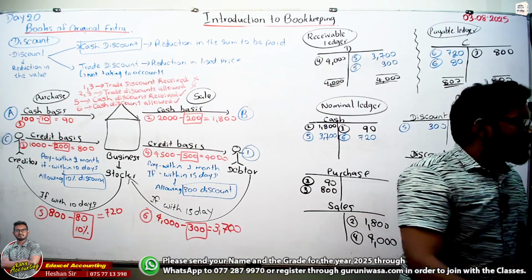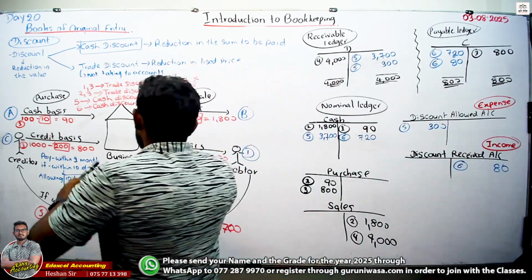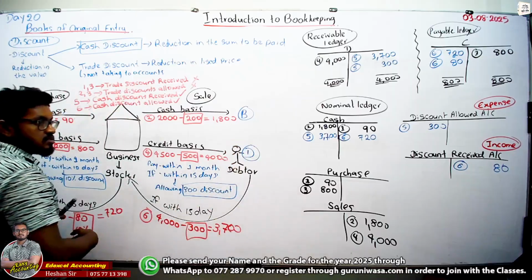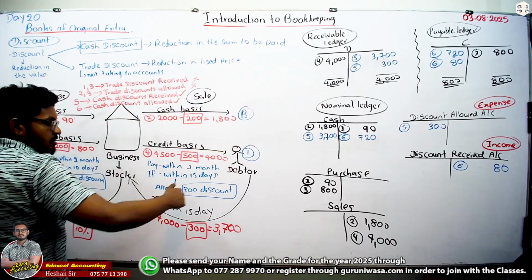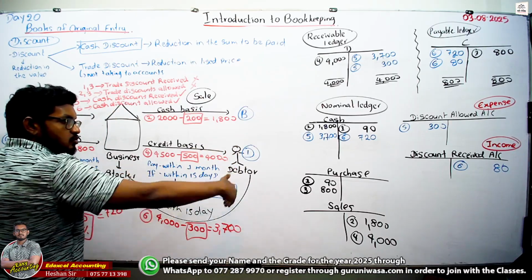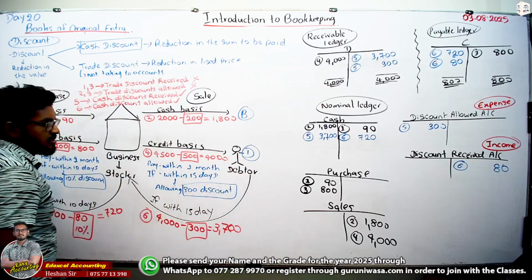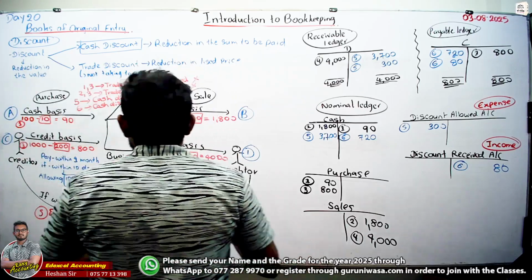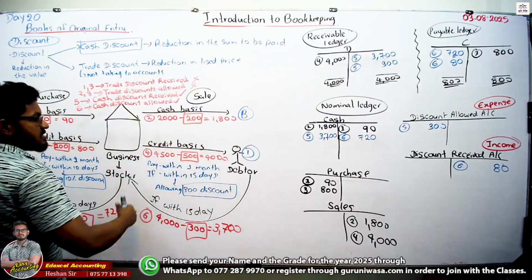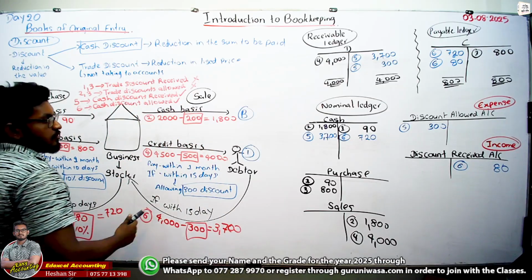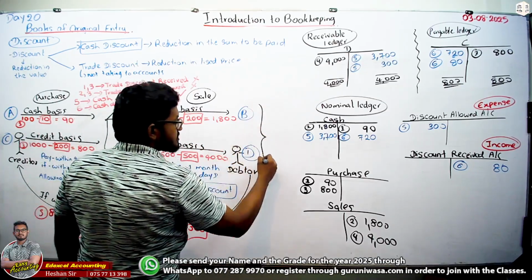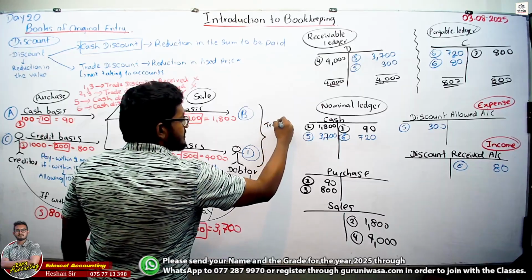Just remember, cash discounts are given to collect the cash as soon as possible, related to credit basis transactions. When purchasing and selling goods, these two are trade discounts.